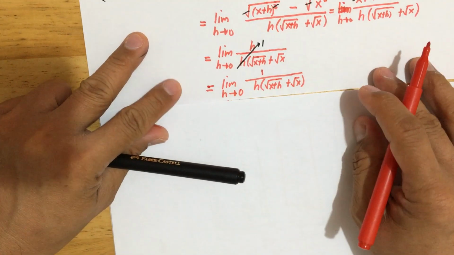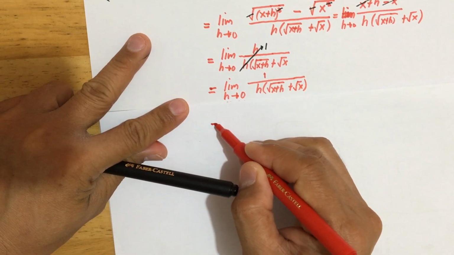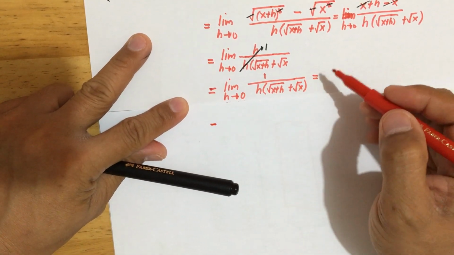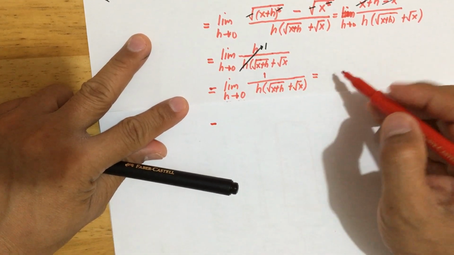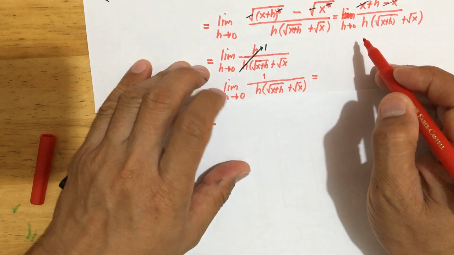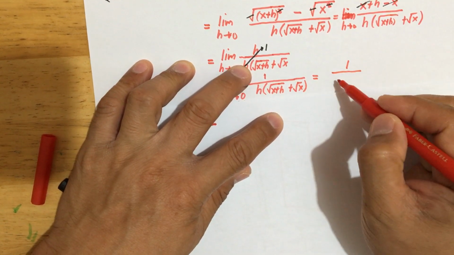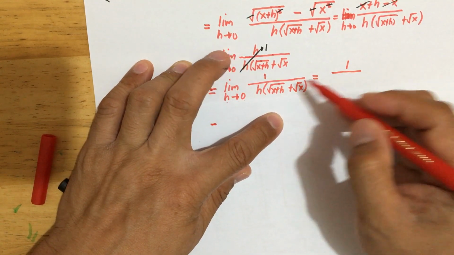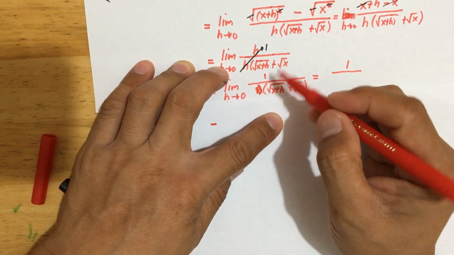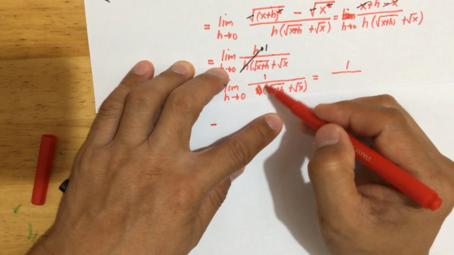I'll just continue it here. As h approaches 0, substituting the value of h, we have 1 divided by... sorry, we don't have this anymore, because h divided by h is equal to 1. So what is left is this part.